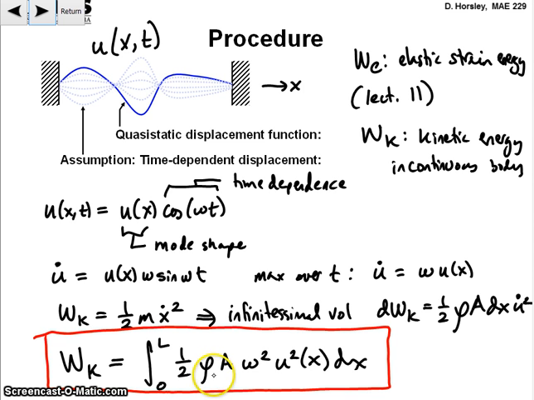And what I want you to notice is that we find the kinetic energy by integrating the mass times the cross-sectional area multiplied by the displacement squared, where u of x, remember, is the mode shape. So it's the displacement squared that's important for calculating the kinetic energy of this body.